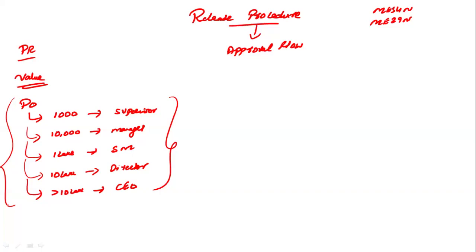So how are these conditions getting decided? These conditions are getting decided based on the values you fill on the PR. So in PR, we fill a lot of information.